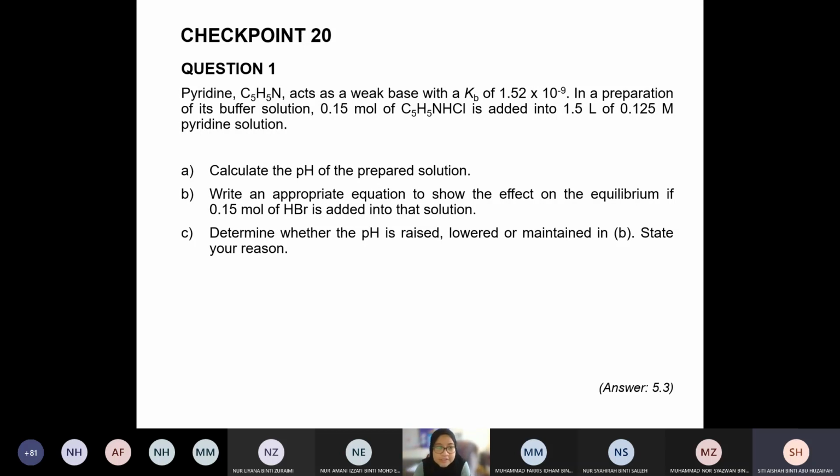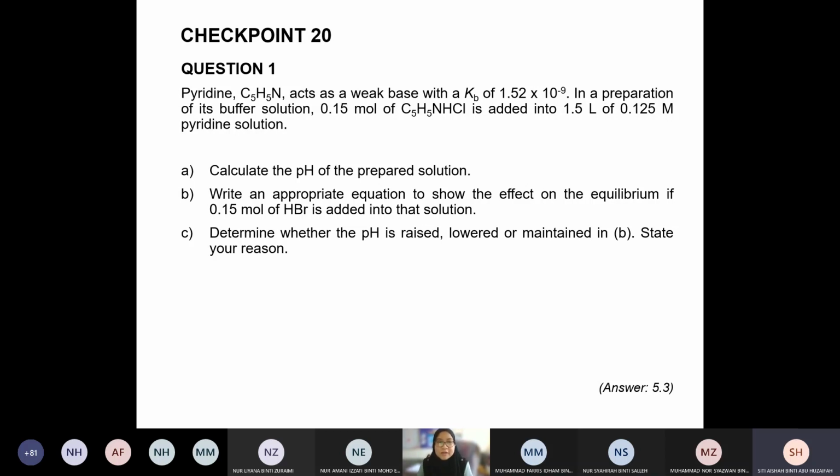Okay, so how is it? Did you guys manage to calculate the pH of the buffer solution? Dapat tak 5.3? Yes, madam. Dapat. Okay, cuba ya. Jangan tak cuba.